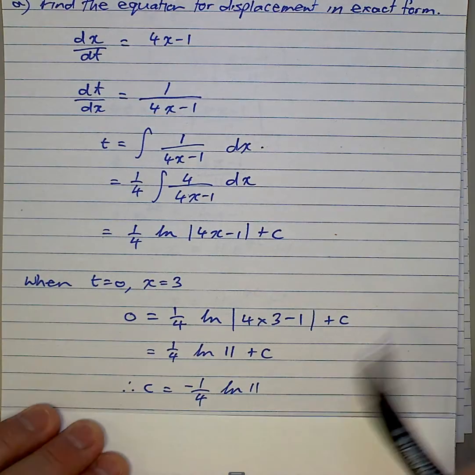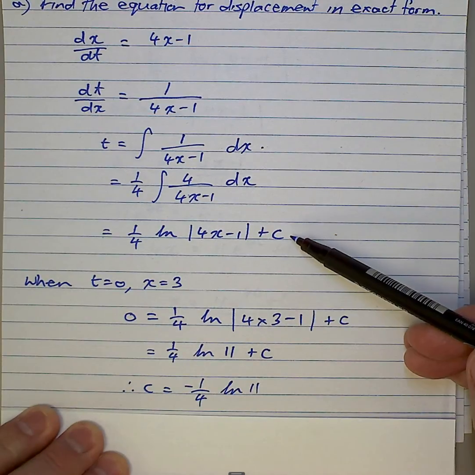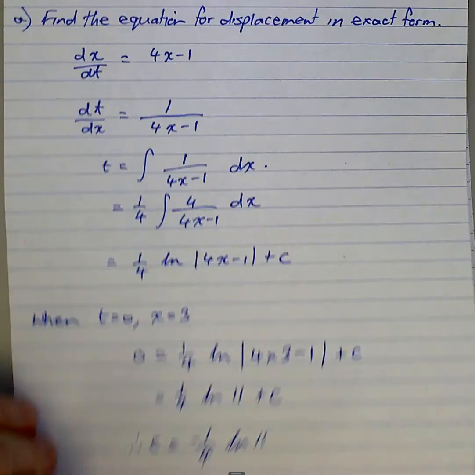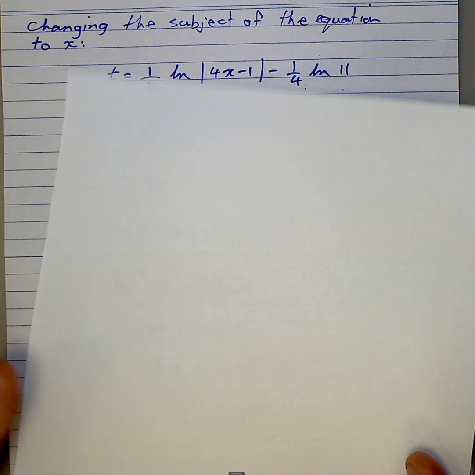Now I'm going to put that c back into my equation up here, where t equals a quarter log, the absolute value of 4x minus 1, minus a quarter log 11.